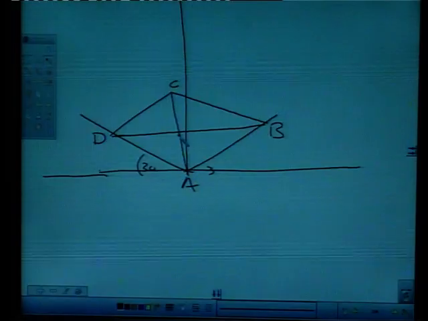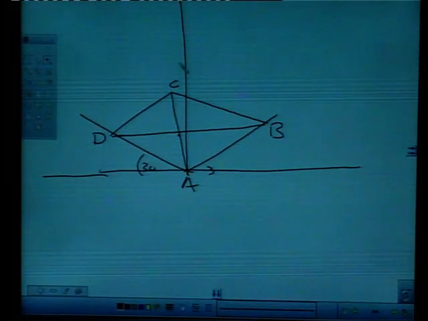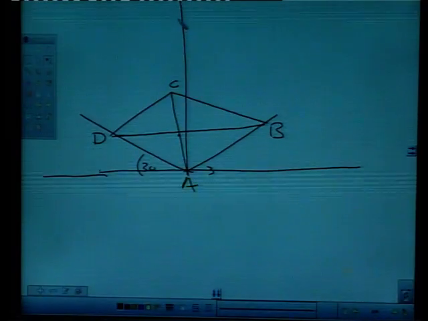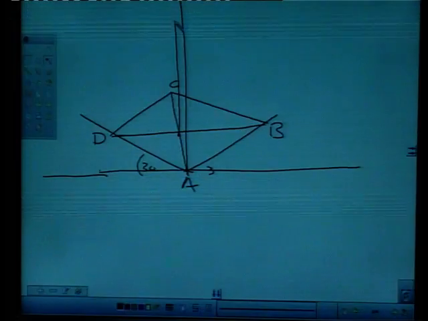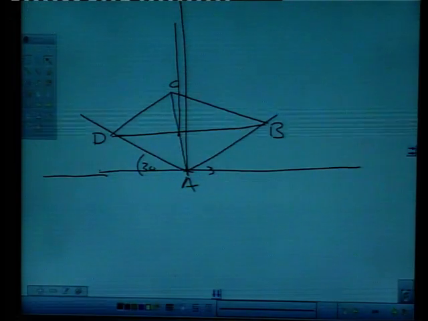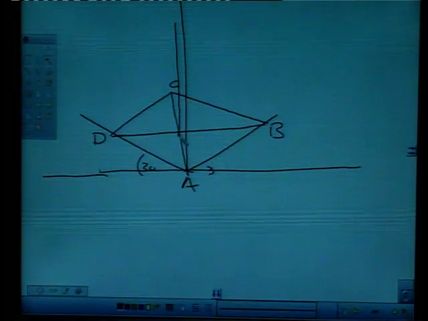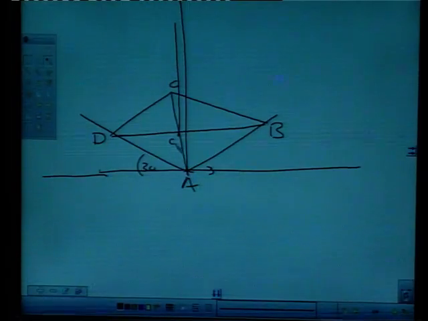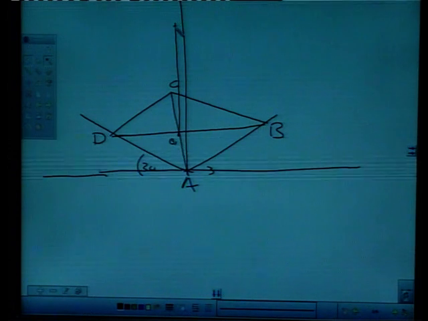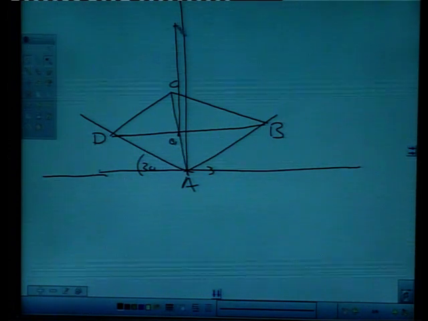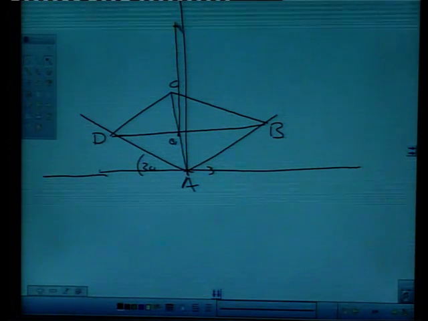We can draw a vertical line here, right? On this vertical line, we can take 10 centimeter from here. Say this is O dash, right? From here, we will mark 10 centimeter. Say 10 centimeters are here, right?